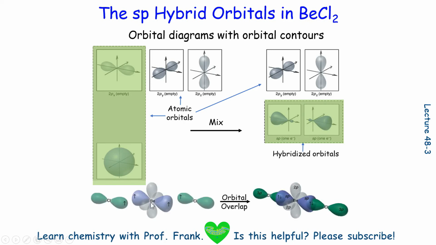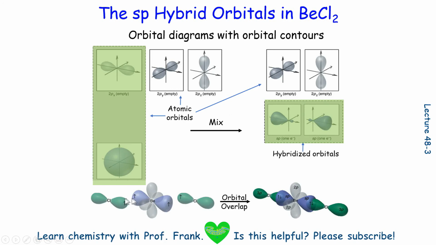Now you see one Be atom reacting with two Cl atoms, and bonds are formed by orbital overlapping. For the first bond, the one on the left, this hybridized Be orbital overlaps with one of chlorine's p orbitals.